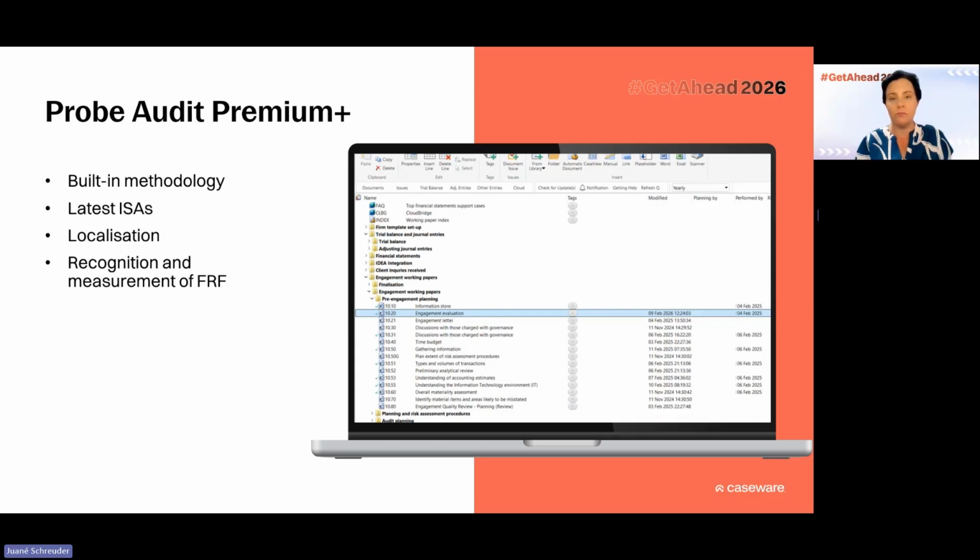For example, that's not part of our topics, but just so you know, 2-3 years ago, we launched an additional module, or additional documents, that addresses ISA 600, auditing group financial statements. So we have all the latest auditing standards in there, and it does also have some element of localization.